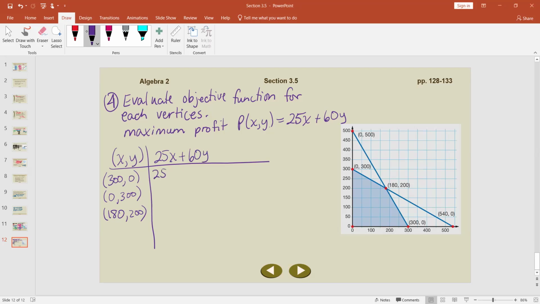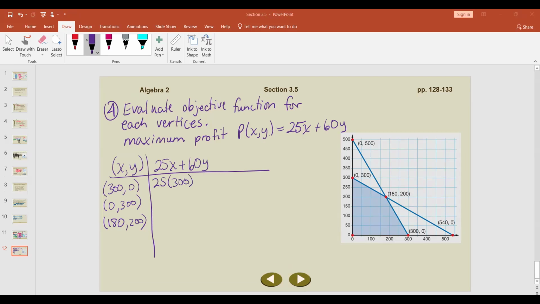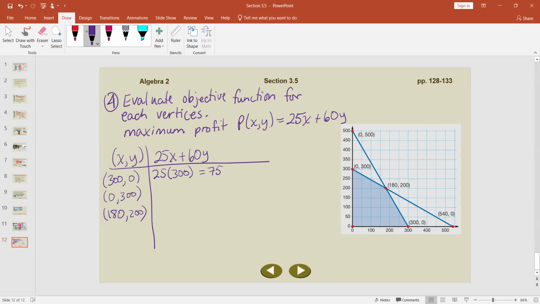In this case, I have 25 times 300, 60 times 0 is just 0. So that gives me 7,500, P of 7,500. For the next one, the x term is 0, so this is 60 times 300. 6 times 3 is 18, and 3 zeros, that's big. So definitely more than the other.